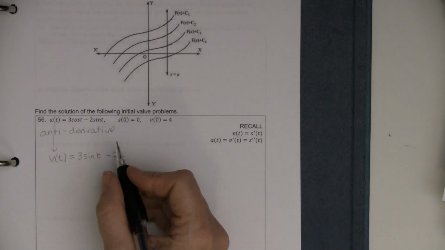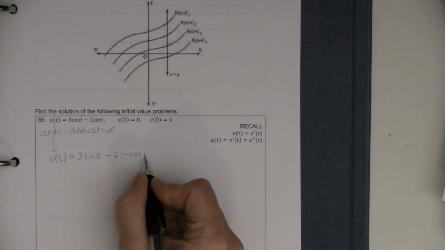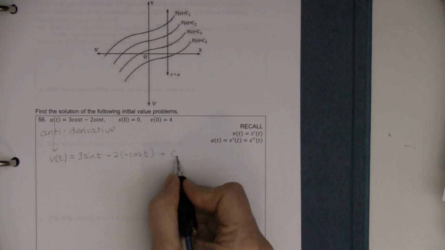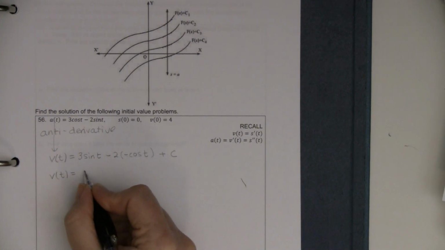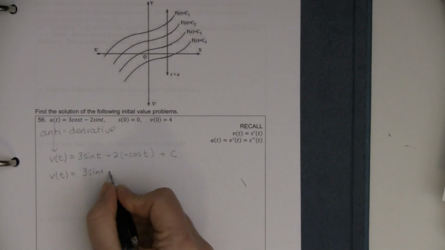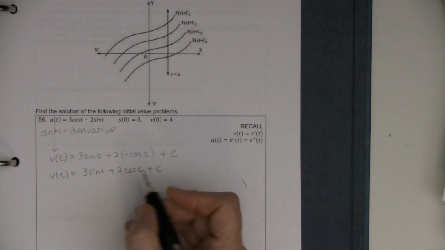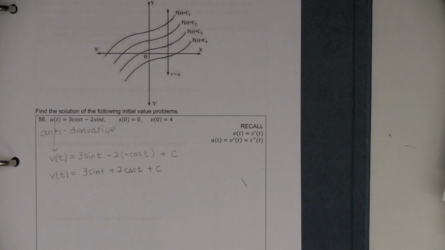Well, it's negative cosine. And so that negative cosine of t, that negative and that negative are going to make a positive. Plus 2 cosine of t plus c. And when you take the derivative of this, you get negative 2 sine of t. Wonderful. Okay, now I'm going to use my initial value to find out what c is.